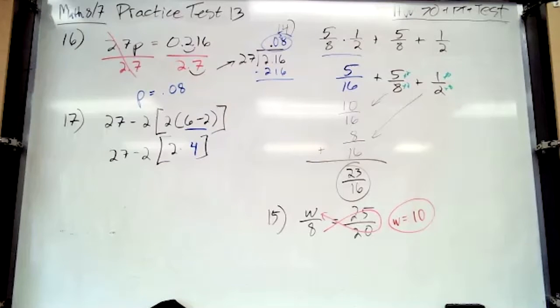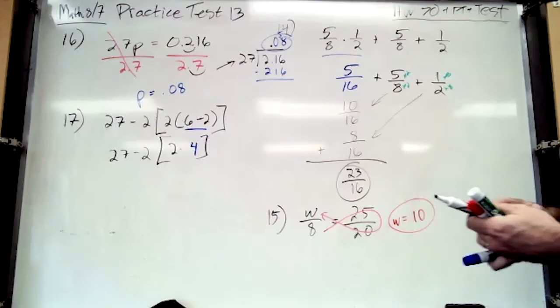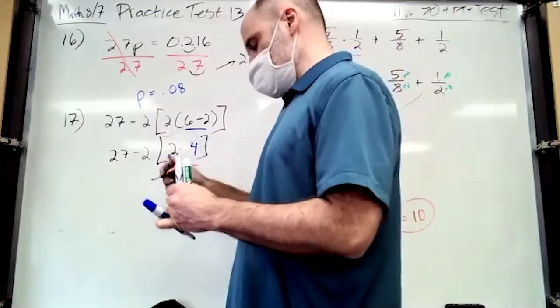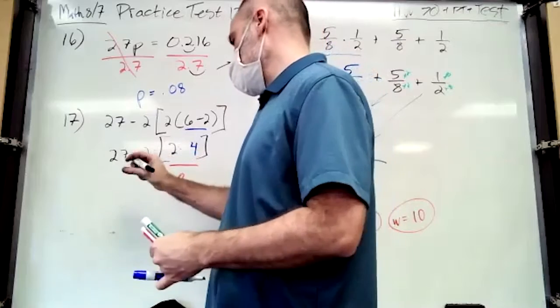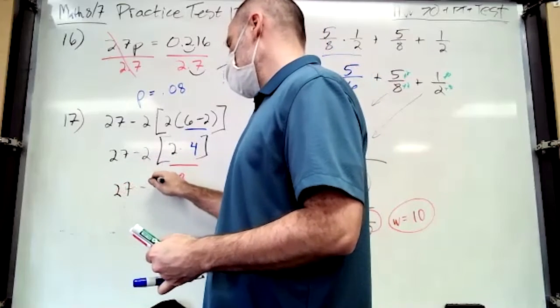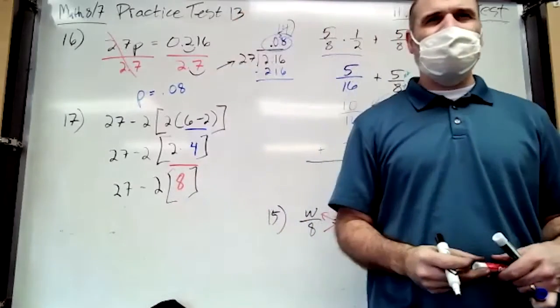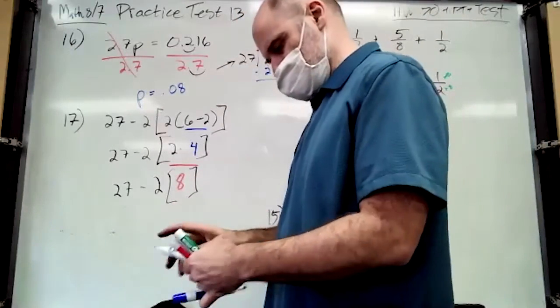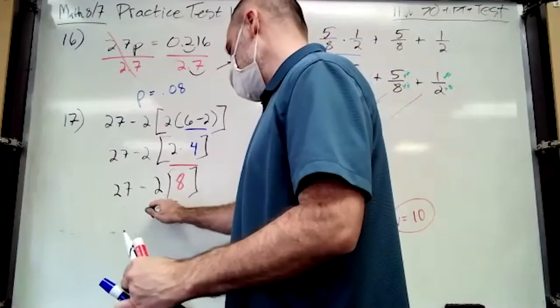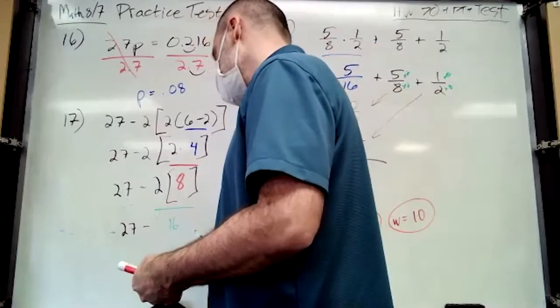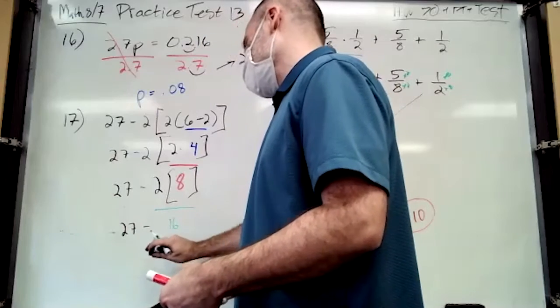Do not do that because that 2 is being multiplied by something. That needs to be multiplied first before you subtract. What's 2 times 4? 8, good. So then you got 27 minus 2 right next to a bracket. You can leave that bracket there if you want, or just say 2 times 8. Yeah, Hunter? 16. All right, so that's 16 right there. So then you have 27 minus 16, which is 11.